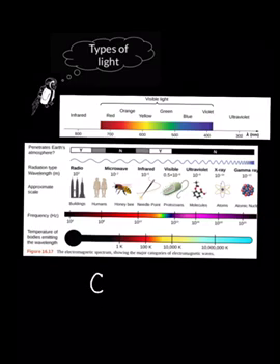Recall that c is equal to lambda f. This means that if we know the frequency of any type of light, we can figure out its wavelength, because the speed of light is the same no matter what type. So yes, radio, even though you hear it over the speakers in your car, the information was brought to your car by light waves. So let's talk a little bit more specifically about some of the types of light out there.